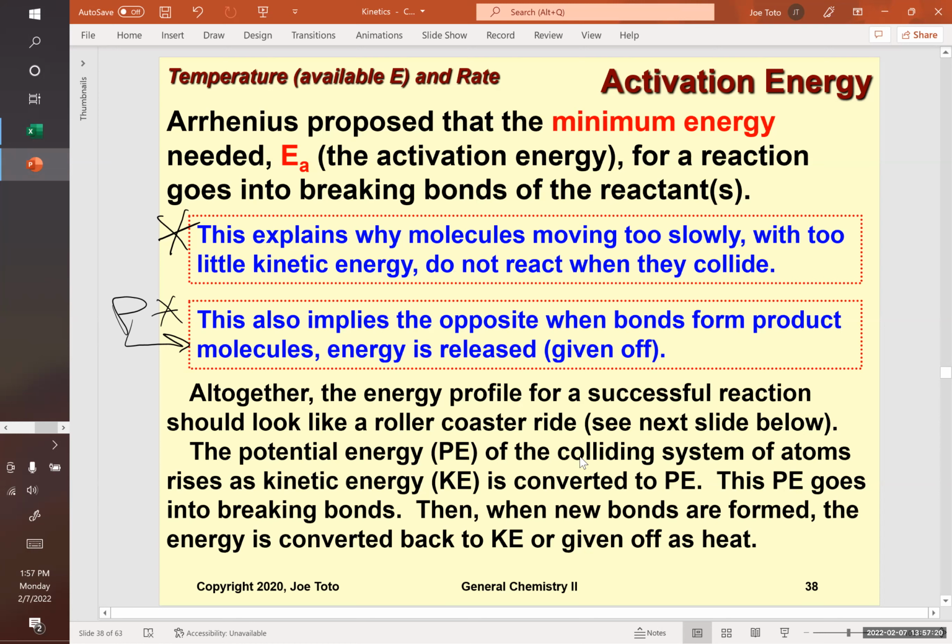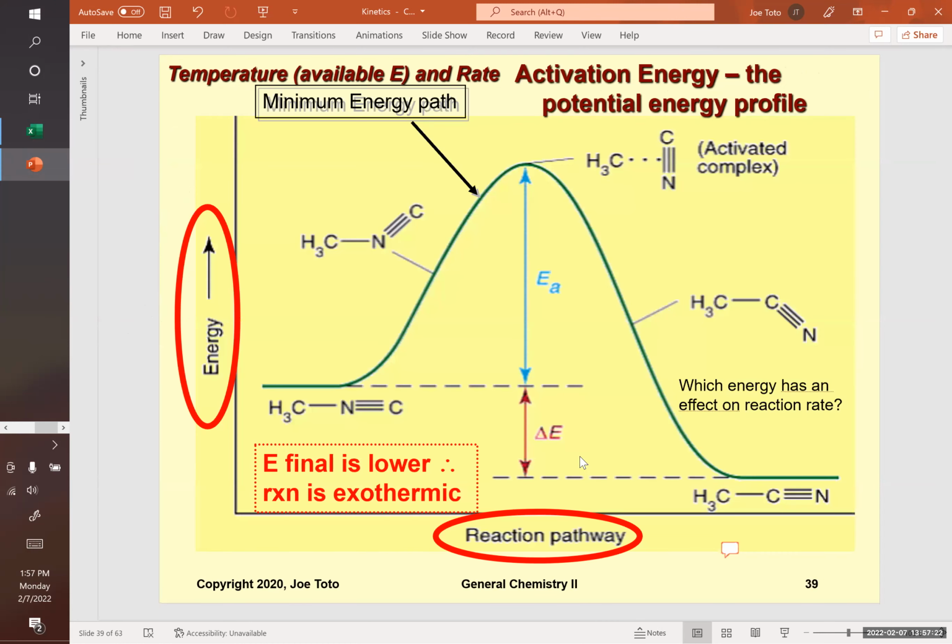So he proposes this potential energy curve, where on the y-axis we have energy plotted, and on the x-axis we have what's called the reaction coordinate, or sometimes the reaction pathway. You can think about it as time going on during a reaction. So here we start with some reactant, and over here we finish with some product.